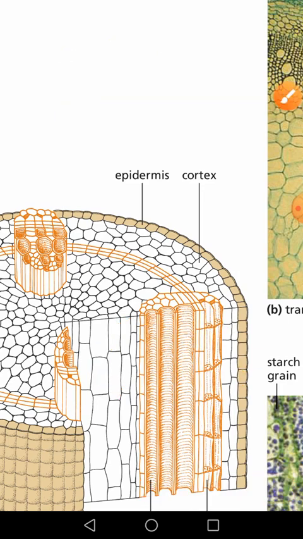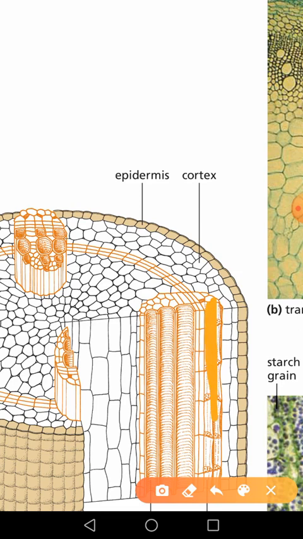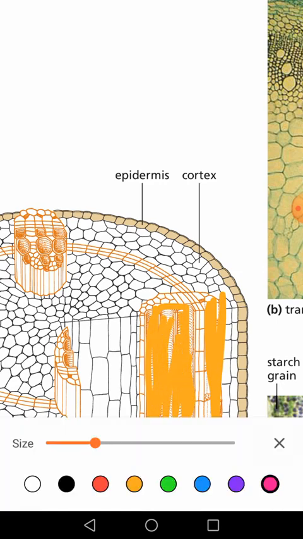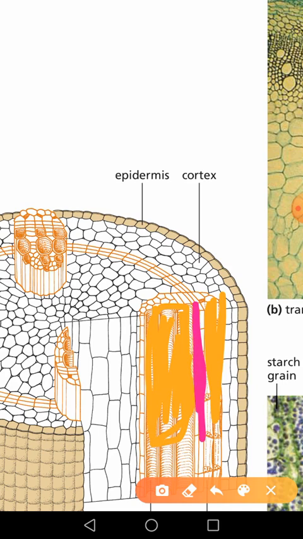Now, between the phloem and the xylem we have a layer of cells.